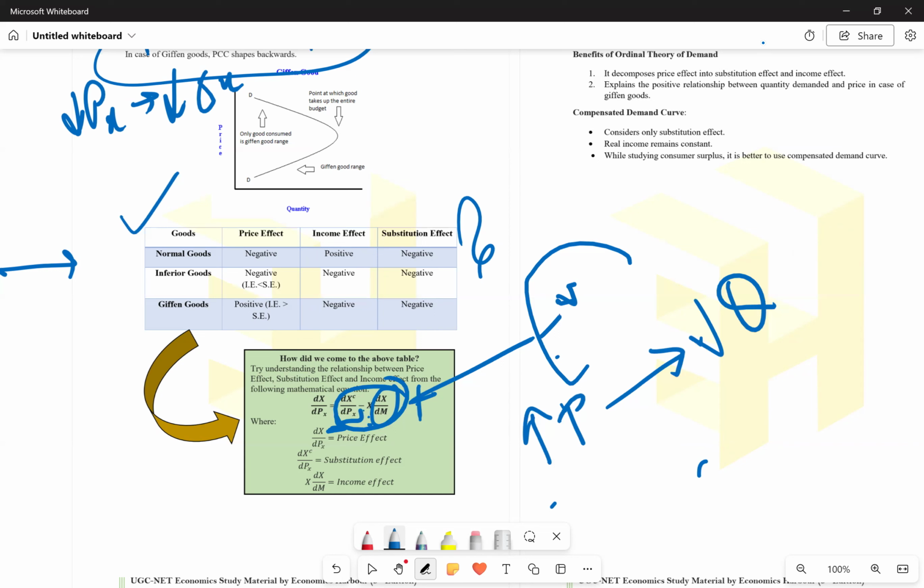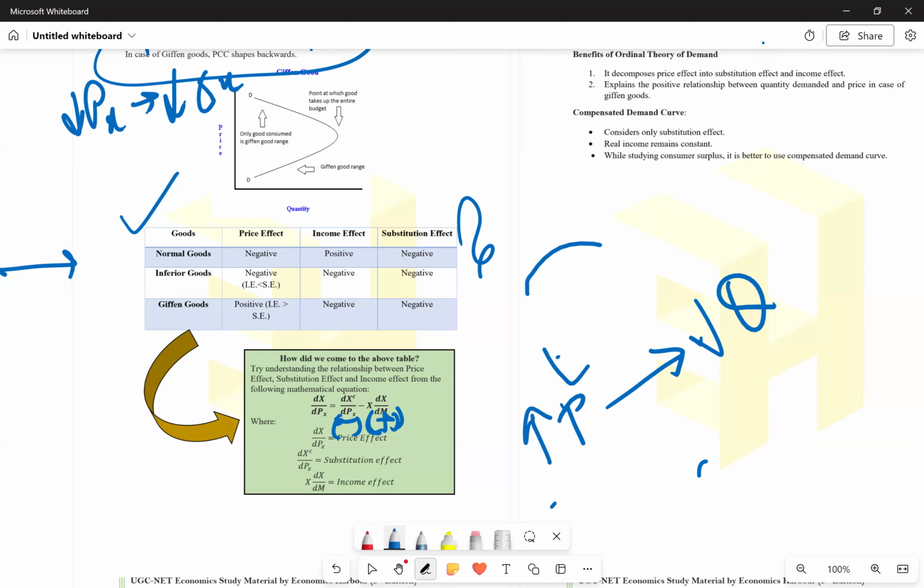But in case of inferior goods, we know that substitution effect is negative, that is for sure. We know that income effect is also negative in case of inferior goods. So minus minus would become positive, so the second term would become positive. But we also know that for inferior goods, there is a negative relationship between price and quantity demanded.